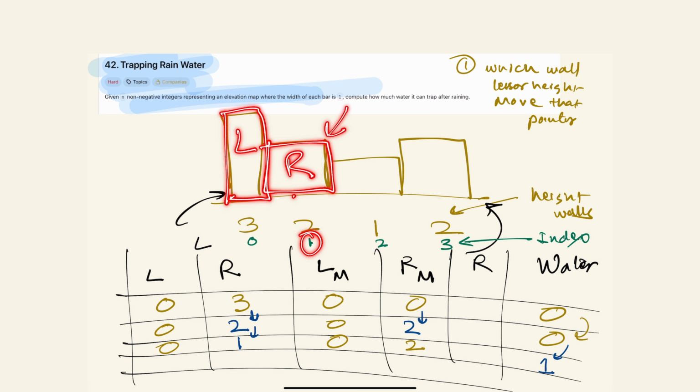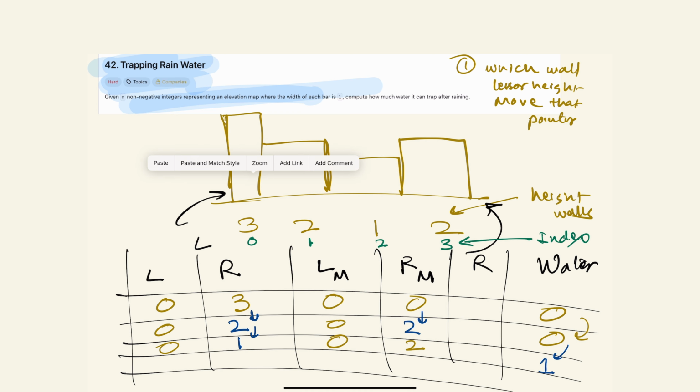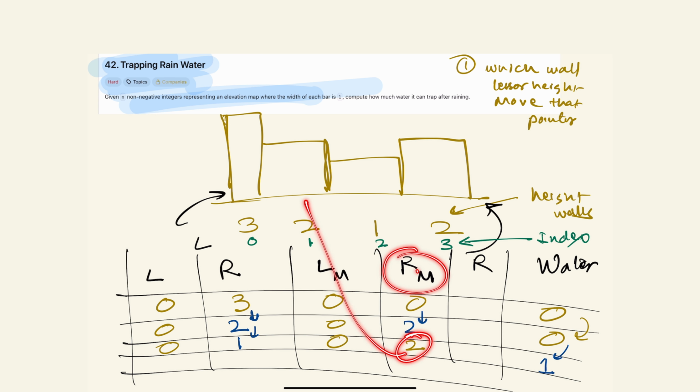Now with this right, I am comparing with the right max. What is right max? Right max is 2. Now, is it lesser or equal?